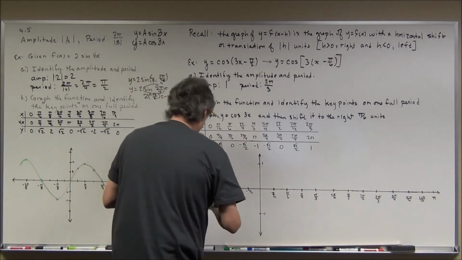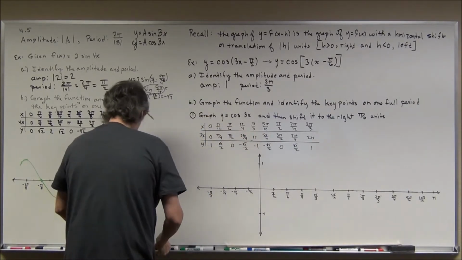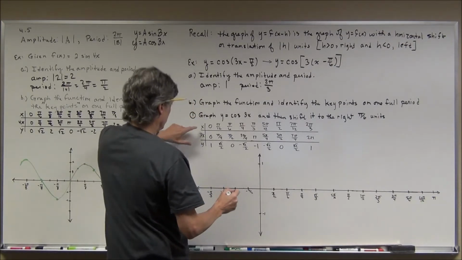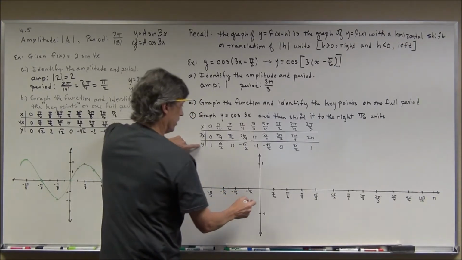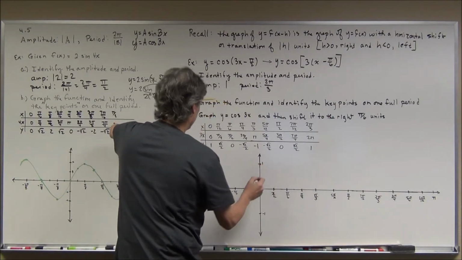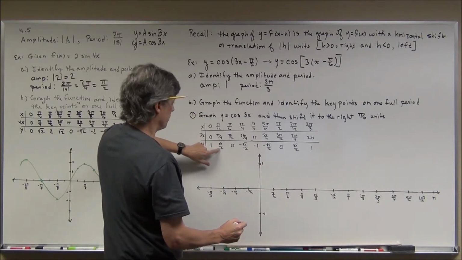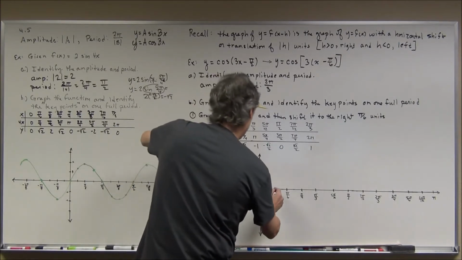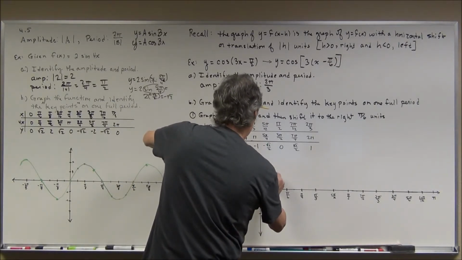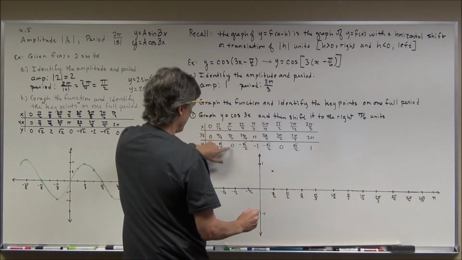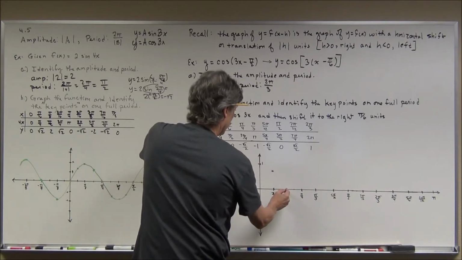And I have these points, so I'm going to grab a different colored pen here. Let's try this purple looking one. So I have 0, 1, that's up here. I have pi over 12, square root 2 over 2, which is about 0.7. About 0.7, so I approximate. I have pi over 6, 0.